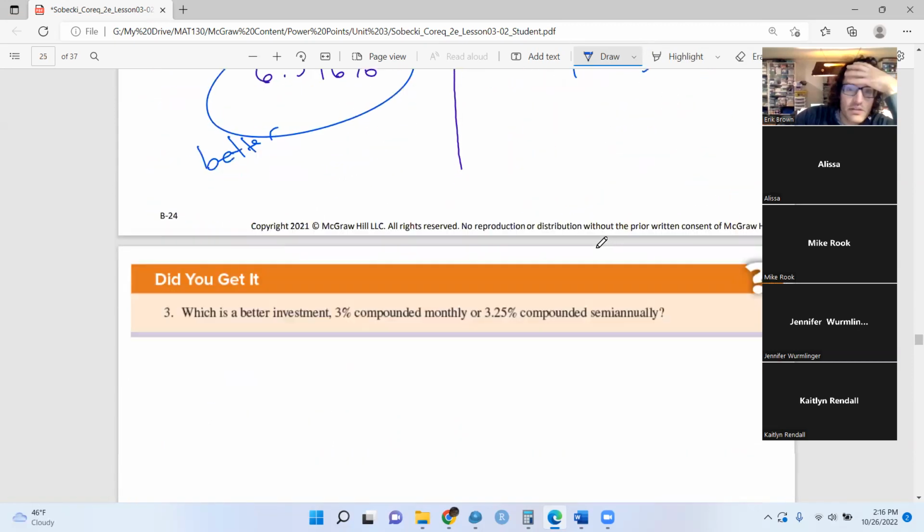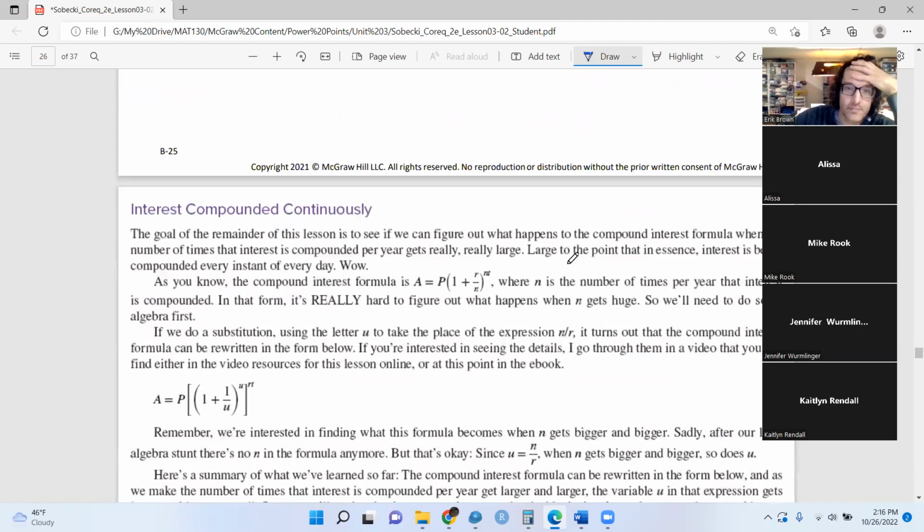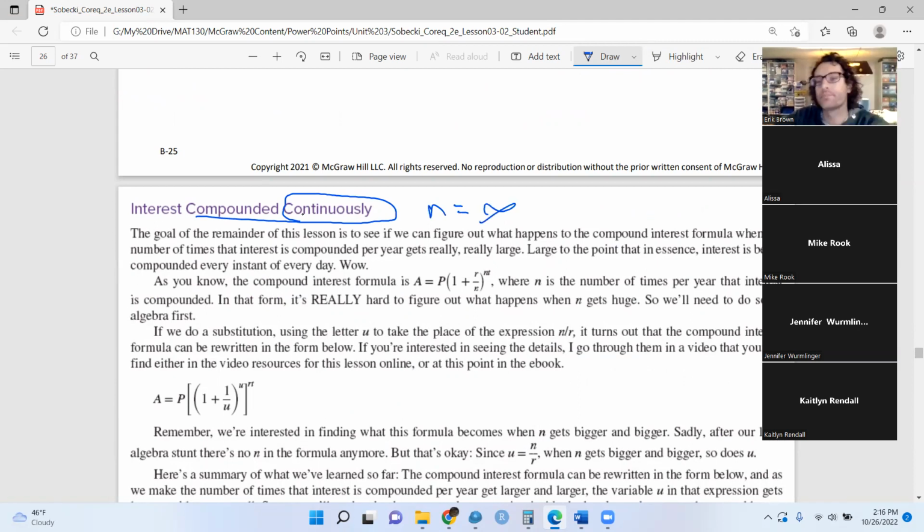Okay, this leads us to a final concept, and that is, what if interest were compounded continuously? That means, what if our n was infinite? It's just always being compounded.